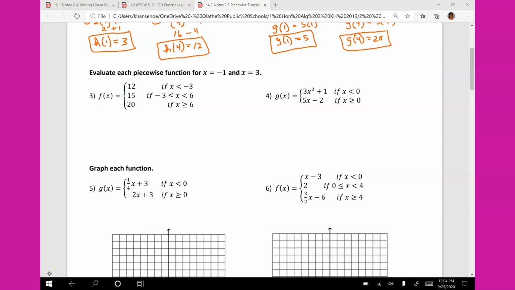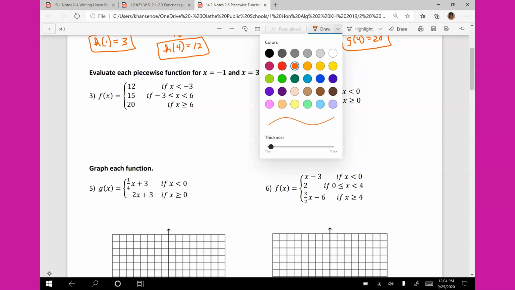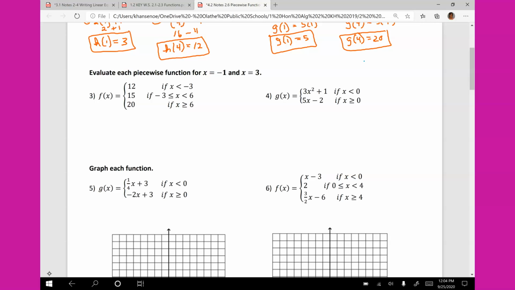This one looks really crazy, right? Because it just has numbers there, it has no x. So what you are doing on that one is just picking where it fits. If I have x equals -1, is -1 less than -3? No. Is -1 between here? Yes. So f of -1 equals 15.